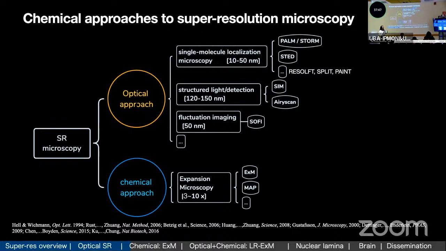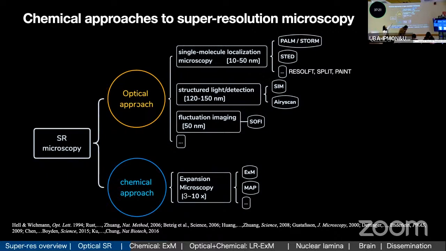which was started by Ed Boyden's lab at MIT around 2015, exactly the year after the Nobel Prize was given to the optical approaches for super resolution microscopy. And that was in the middle of my postdoc training. I was trained in Bohong's lab, and I saw a lot of Bohong's papers from your slides and images.